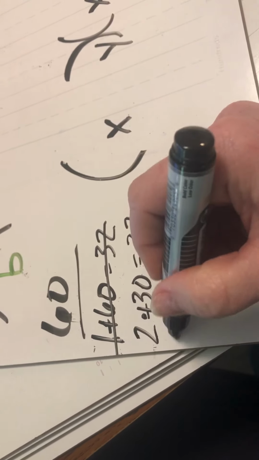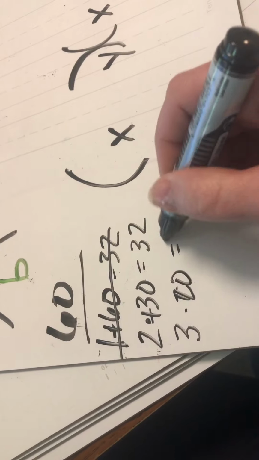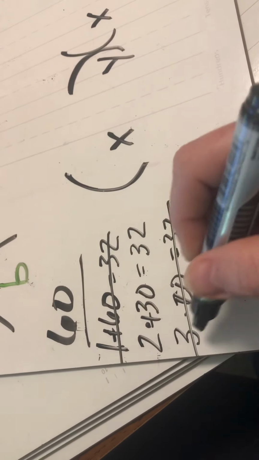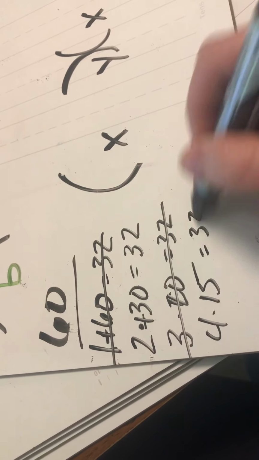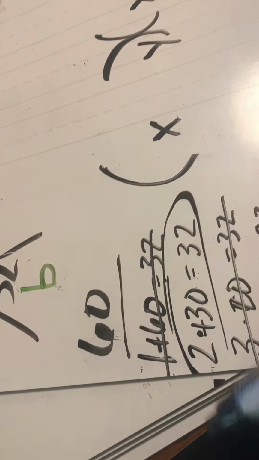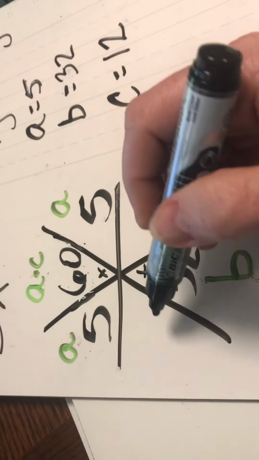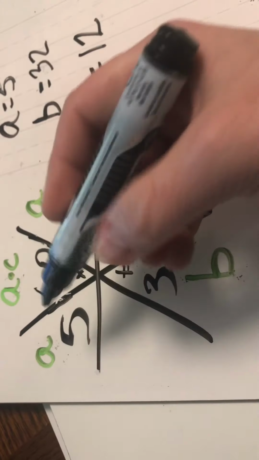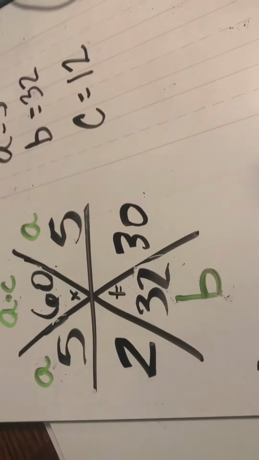I could keep going: 3 times 20, but that's not going to add to give me 32. 4 times 15 does not add to give me 32. So I'm getting further from what I need to be. This is my only one that's going to add to give me 32 and multiply to give me 60. So I'm going to put a 2 in this spot right here and a 30 in this spot right here.